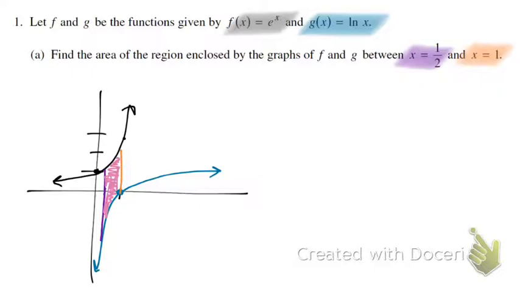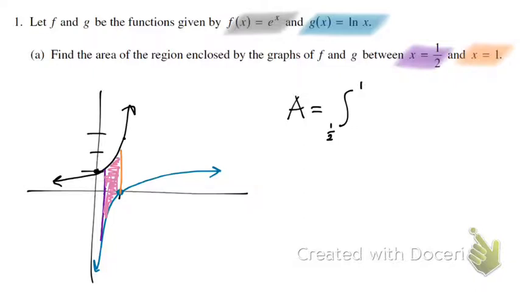So what I'm about to write now is the work you would have to show for this problem. You would have to write that the area is equal to the integral from the lower limit of 1/2 to the upper limit at 1 of the top function, which is e to the x. Now, I know that e to the x is not that much to write, so if you wanted to write e to the x, go for it. And in this case, it's probably just the same as writing f of x. It doesn't matter.